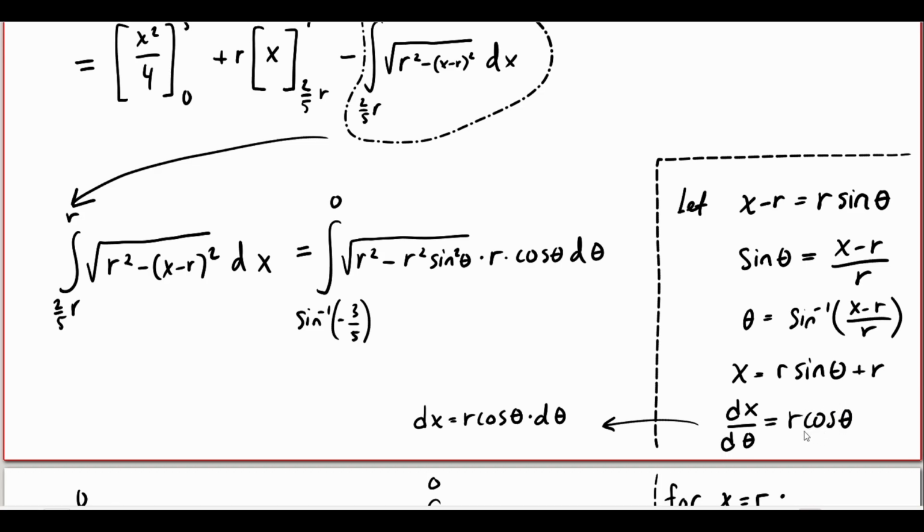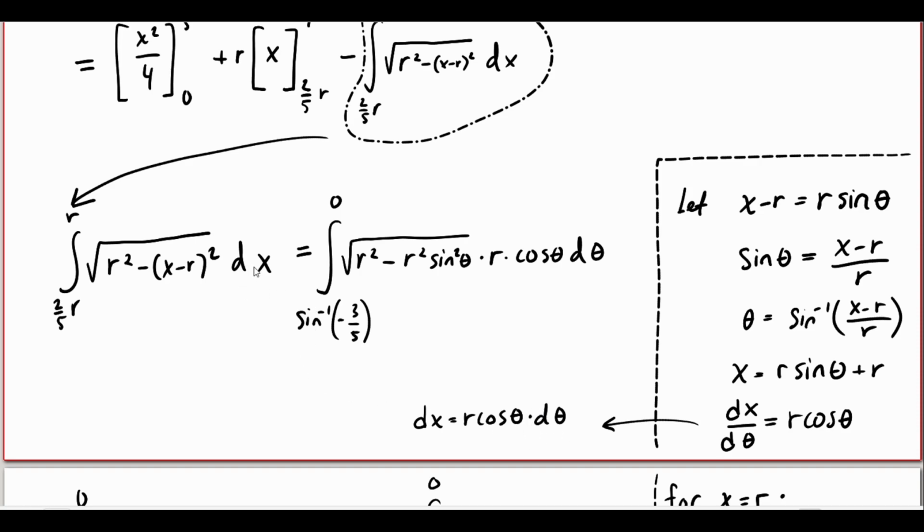So the derivative of x with respect to theta is r times cosine of theta. And then we can solve for dx: dx equals r cosine of theta times d theta. This expression we're going to use to replace dx in the integral.